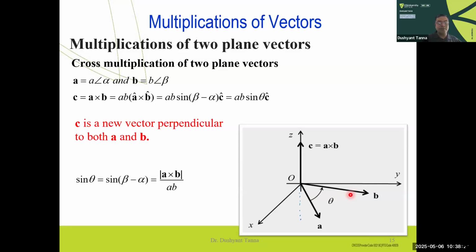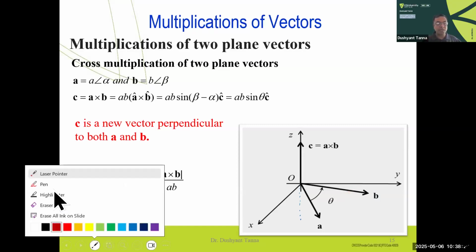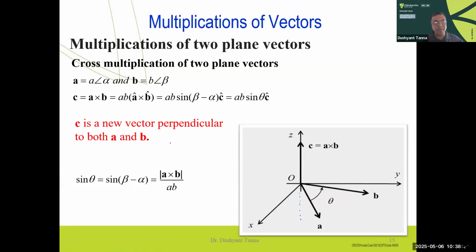And similarly, if you want to find the sine theta value, it's sine (beta minus alpha), or we can say it is the magnitude of A cross B over the magnitudes of A and B. Okay, how do we derive that? So you have this relation.